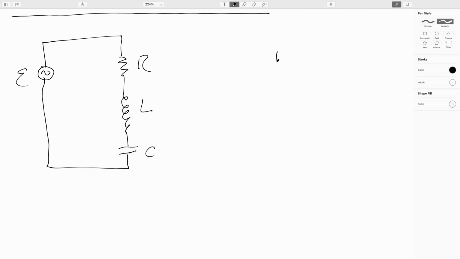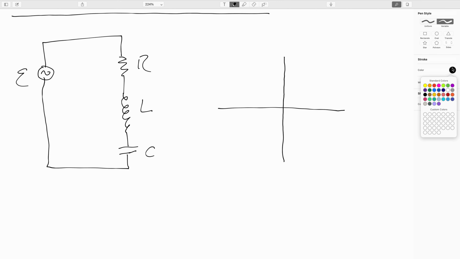So let's draw the phasor diagram for the instant when the current phasor happens to be crossing the x-axis. I'll draw our current phasor here in purple. That's the current phasor, and I'm just calling it I because it's the same for all the elements.